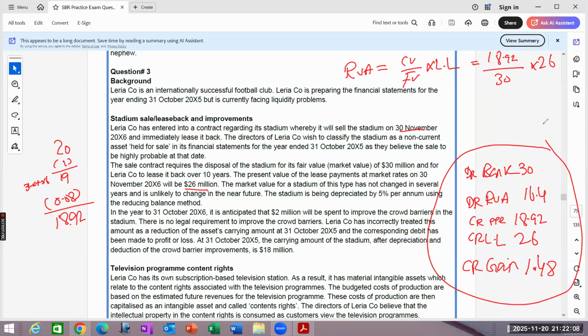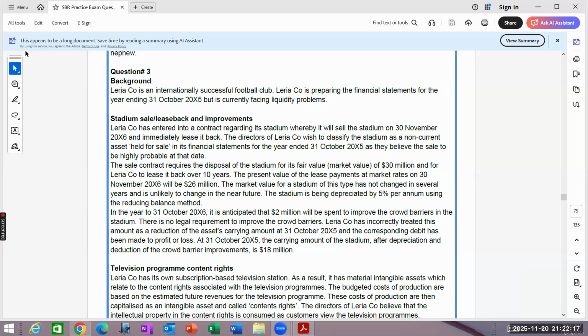That gain on disposal will be recognized in the profit and loss account. So this is the principal accounting treatment of sale and leaseback.